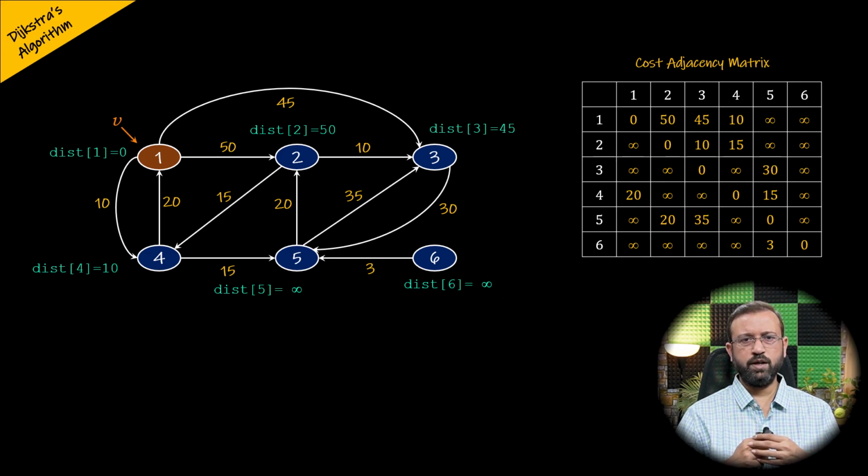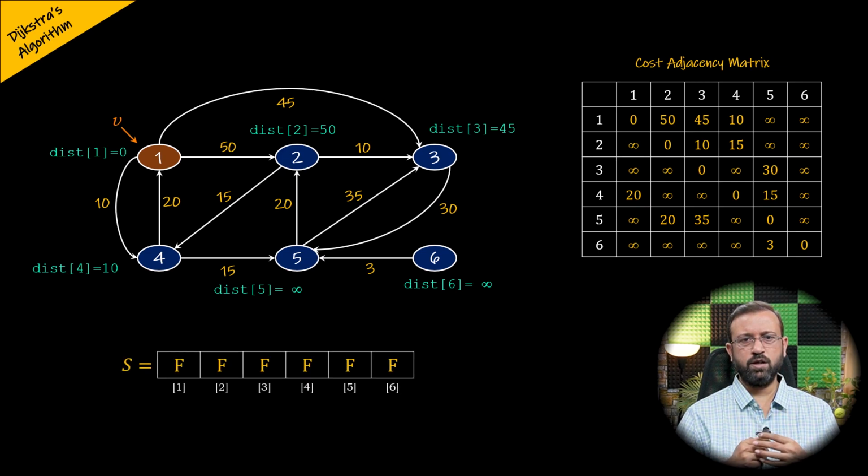So at this point, we have the initial distance of all the vertices from the source vertex V, which is vertex 1. Then Dijkstra's algorithm maintains an array S, a set of vertices. The set S will contain all the vertices whose shortest path have already been generated.